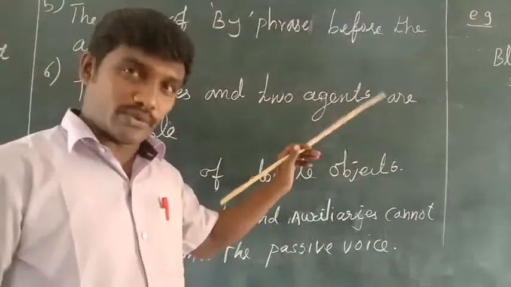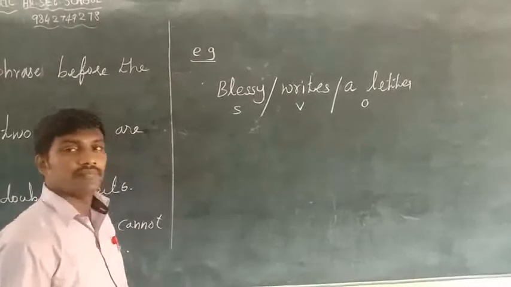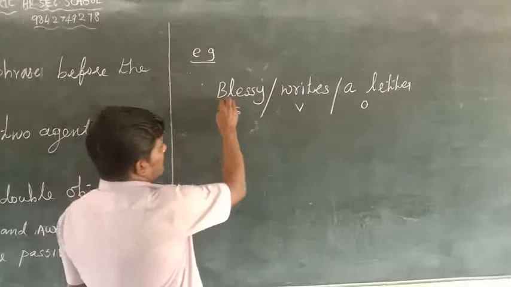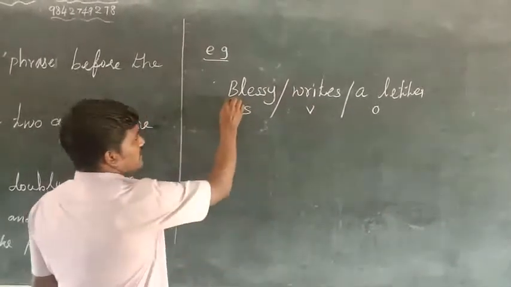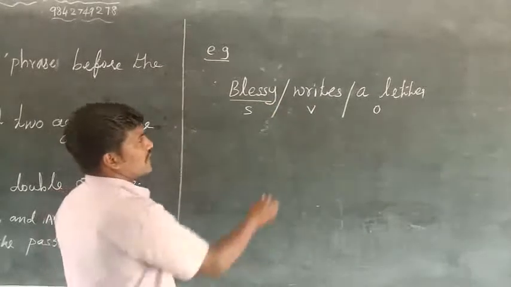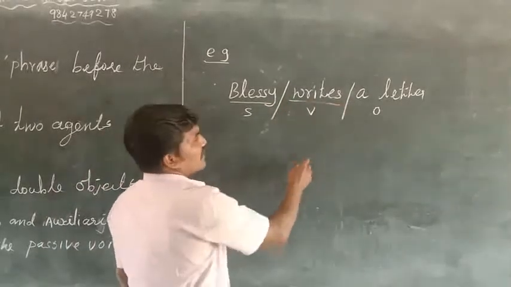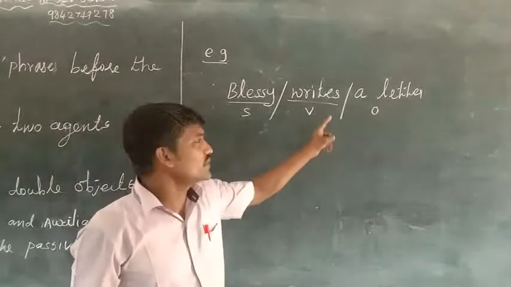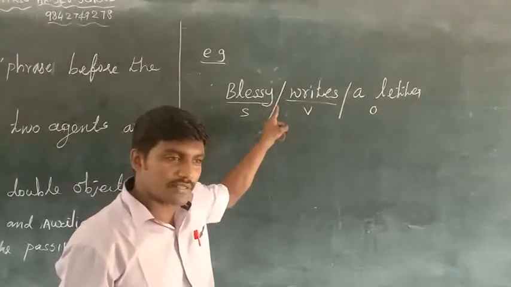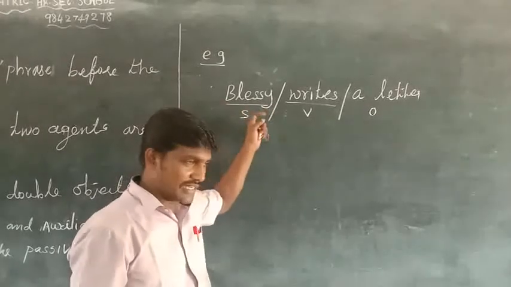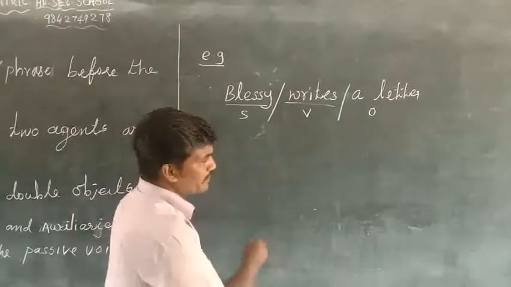Dears, now I am going to take the sentence: Blessing writes a letter. Blessing is the subject, writes is the verb. We use the s with the verb because Blessing is third person singular, and this is the simple present tense.